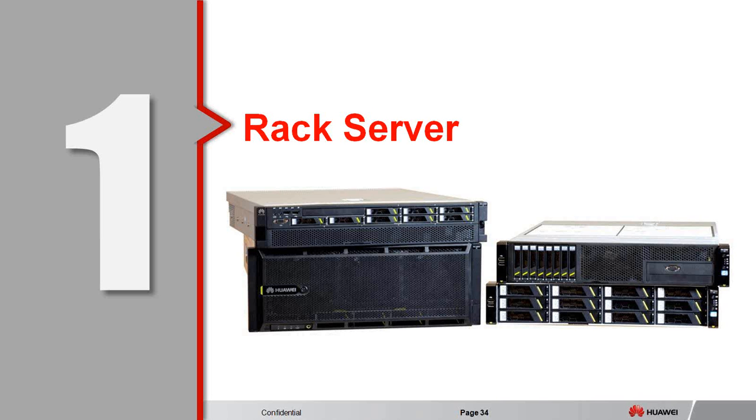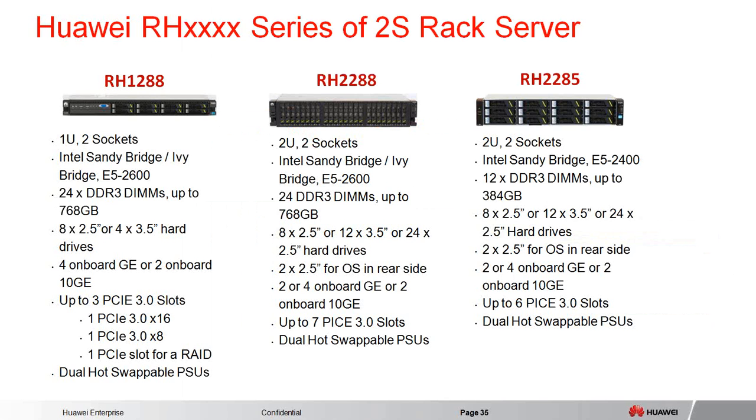So the rack server. First, I want to give you an overview of our rack server product line. Huawei has 3 models of the rack server, from 1U, which is the RH1288. Then we have 2U, which is RH2288, and then we have another 2U, which is RH2285.